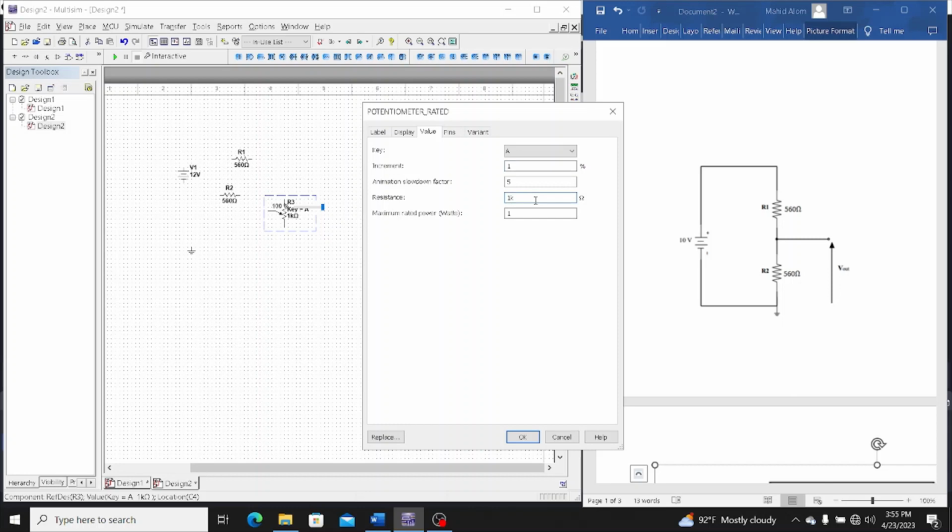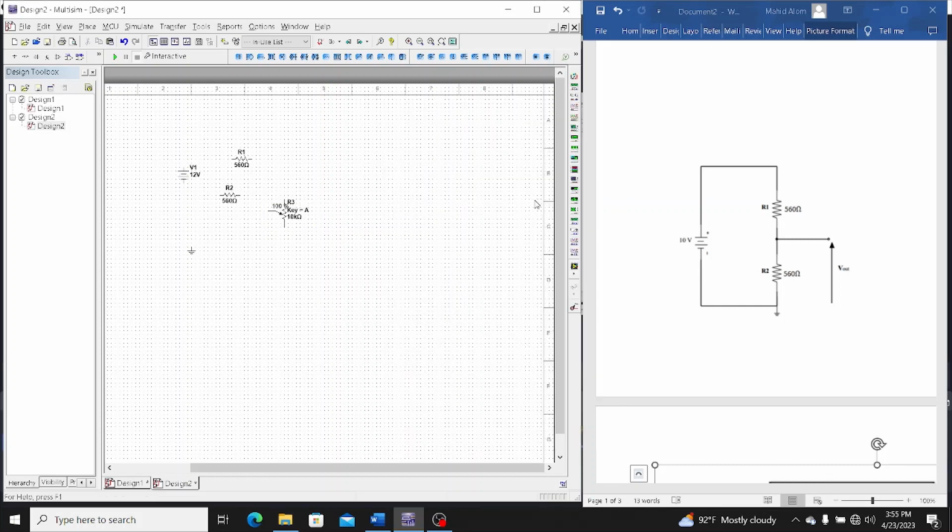And resistance here, if I get 10 kilo ohm, then it will be the maximum value of this resistance, and if we decrease the percentage, then we will get lower resistance value. And in this circuit I am going to take the maximum value is 10 kilo ohm.